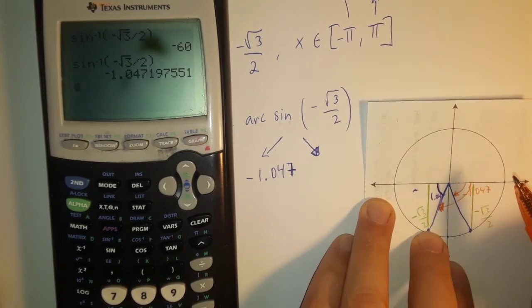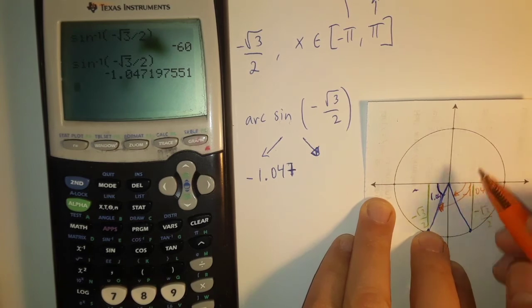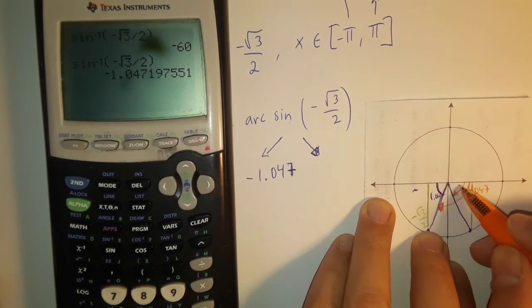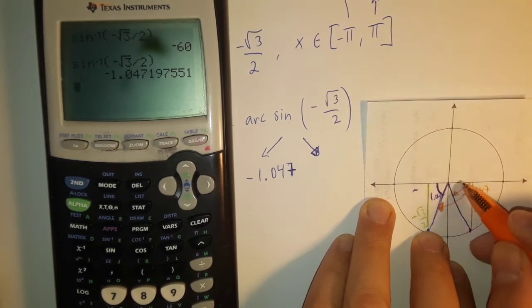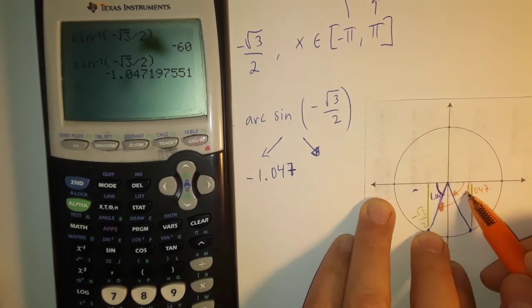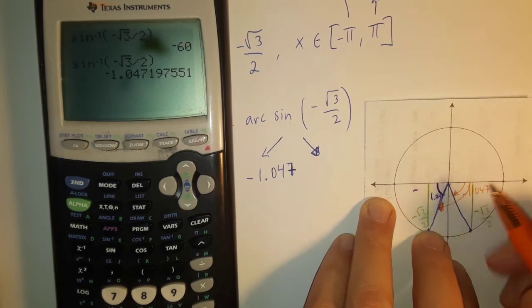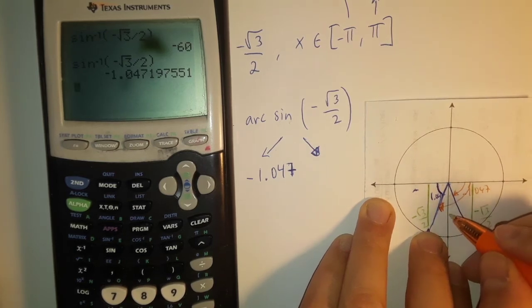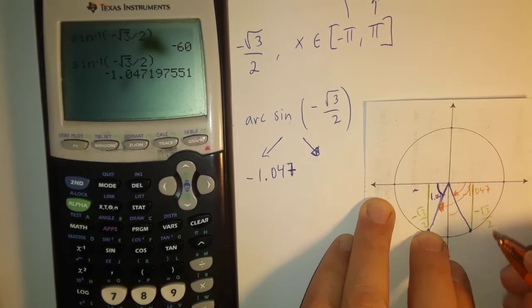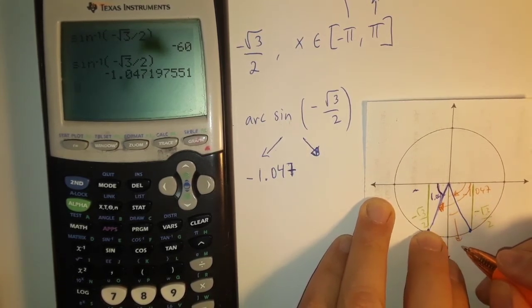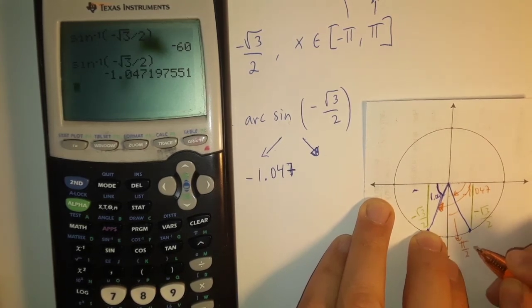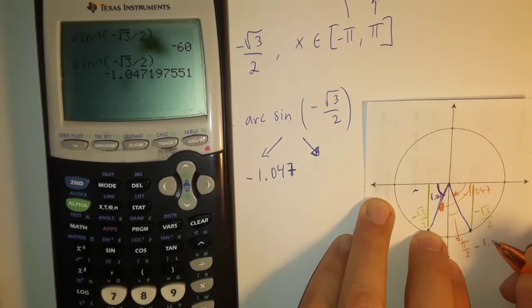Let's see the best way to do that. Well, this must add to 90 degrees, which in radians would be pi over 2. So this plus this is going to be pi over 2. So this one here is going to be pi over 2 minus 1.047.